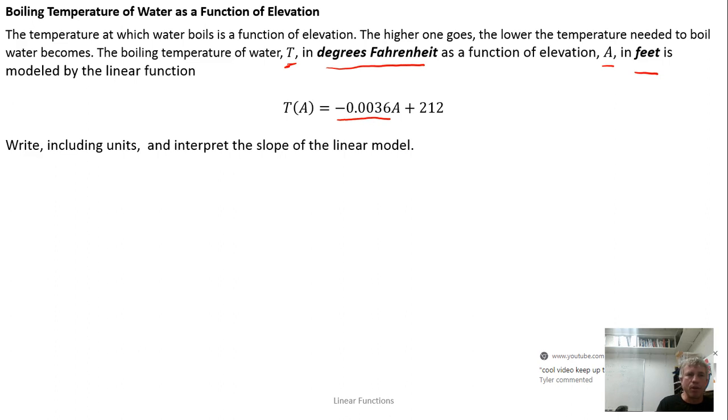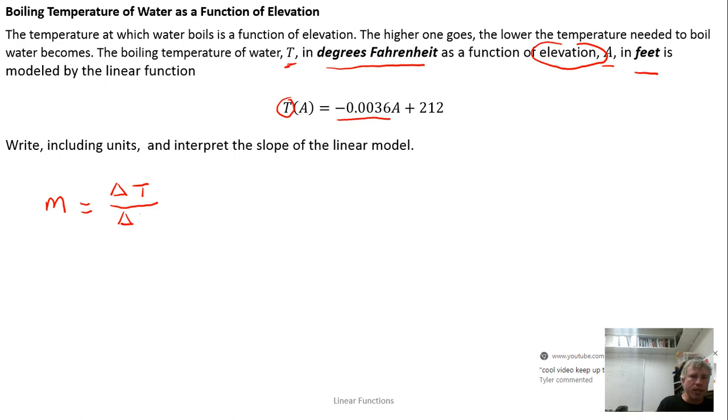So again, the slope of this line is sitting right here, negative 0.0036, and what we want to recall is the same thing that we just talked about, that the slope of a line is going to be given by the change in the output variable, and in this case the outputs are temperatures, divided by the change in the input variable, and in this case the input variable is given by elevation in feet.